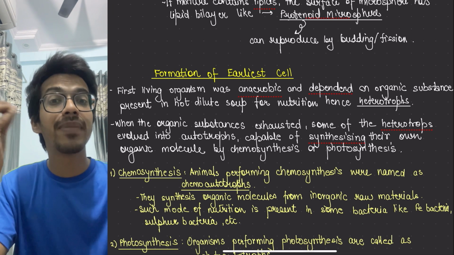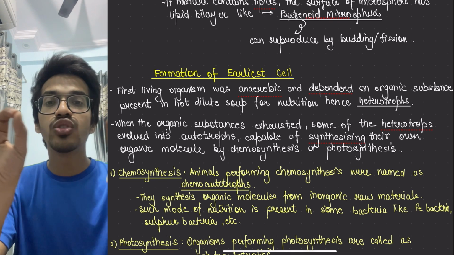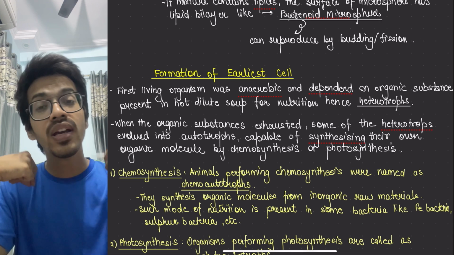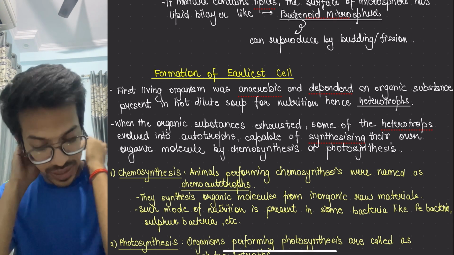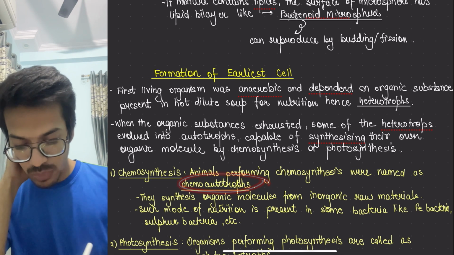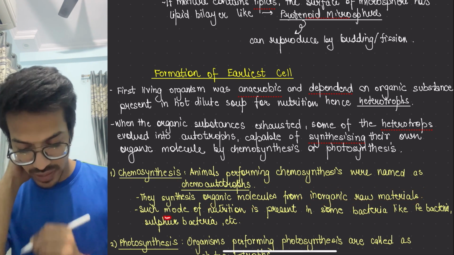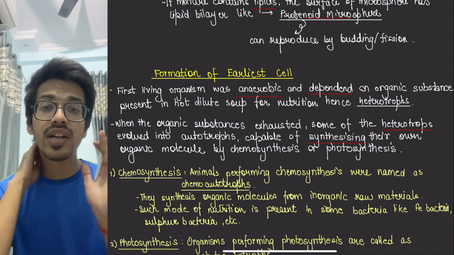First there was the chemical autotroph, which means they require the chemicals which are present outside. So they took simple chemicals, and then they used what? Their bond energies to break them up, and they form what? Their food. So they are called chemoautotrophs. They synthesize organic molecules from inorganic raw materials. Such a mode of nutrition is present in some bacteria like iron and sulfur bacteria, etc., till date also.